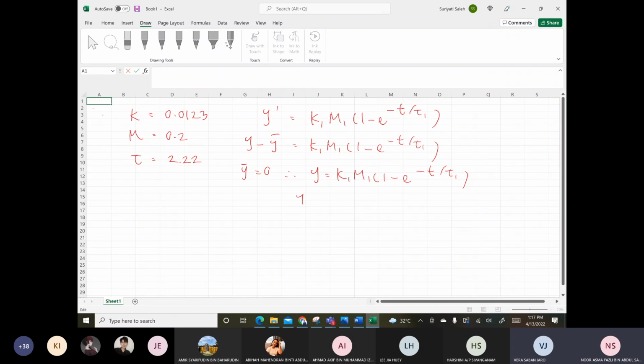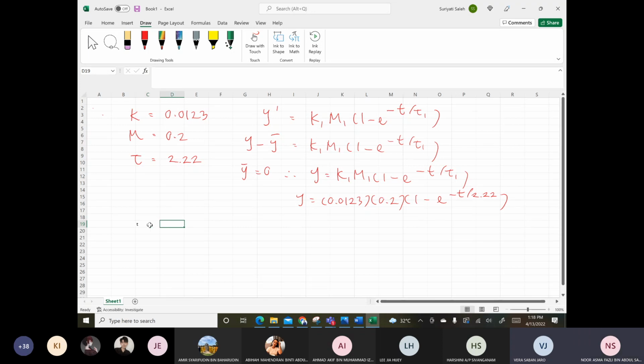So it becomes y equal to 0.0123, M1 is the 0.2, (1 minus exponent negative t over 2.22). So based on this, when I supply the value of the time, then I can get the value of y. Y here I just define as my output. So here I put t and y.